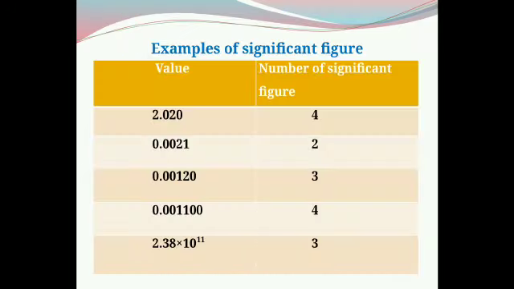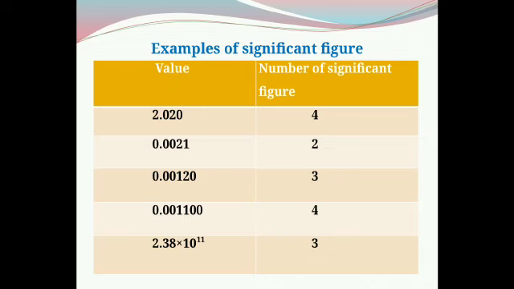Here are some examples of significant figures. The first value is 2.020. Here we apply those 5 rules for determining significant figures and then we write the number of significant figures.